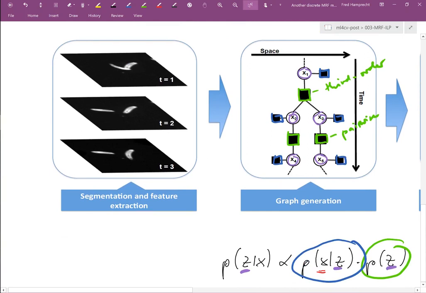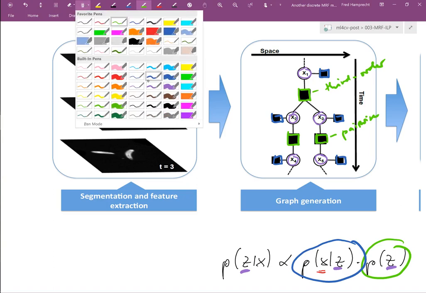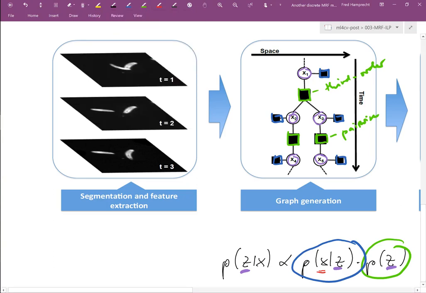And now what we can try and do is make a foreground-background segmentation in each of these frames. Here we will find 2 foreground objects, 2 foreground objects, and 1 foreground object. Sorry, I should have used a different color here for consistency. T is time, yes.